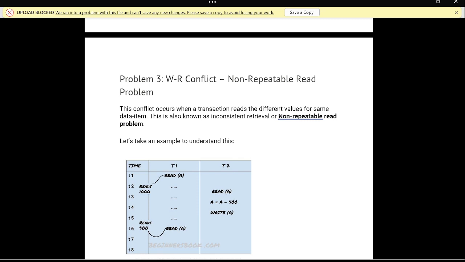So when you are going to check your balance, first time it will show you as 1000. If you check after 5 years, if it is going to show 500 rupees, the same bank account, you didn't do any transaction, but it is showing two different values. Such kind of problems are called non-repeatable read problem.